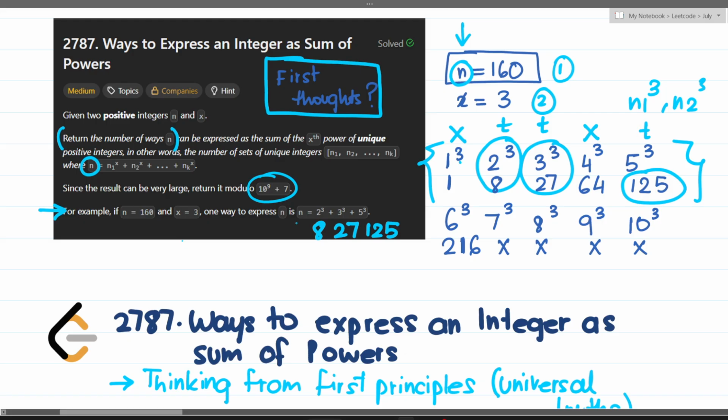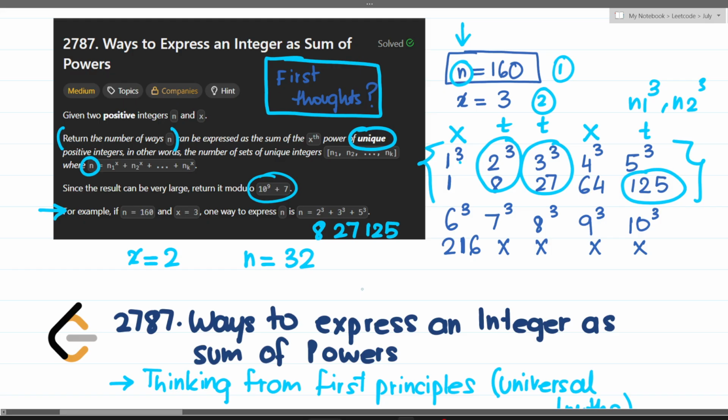So you take some of them and you do not take some of them, you get the overall final answer. Now, why did I emphasize the word unique? What they are saying is return the number of ways in which you can take unique positive integers, put them to the power x, and make up n. Now, for example, let's say x is equal to 2, and n is equal to, let's say, 32.